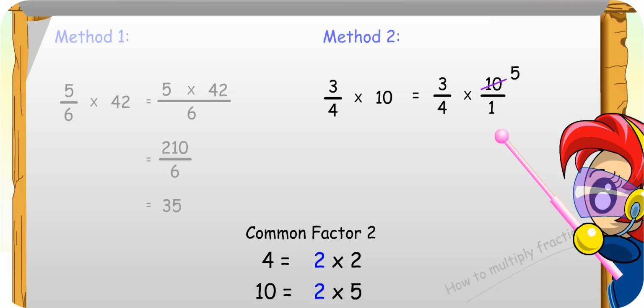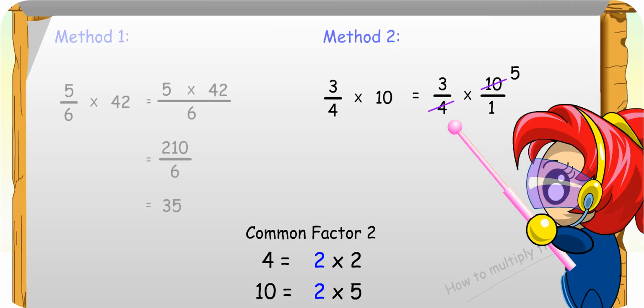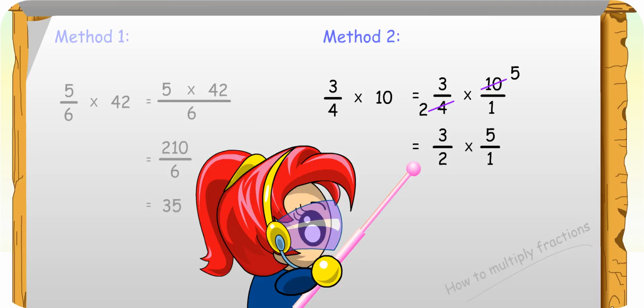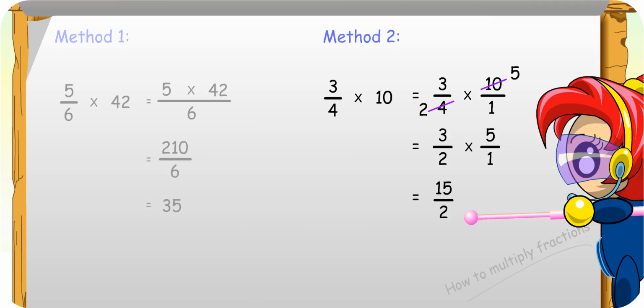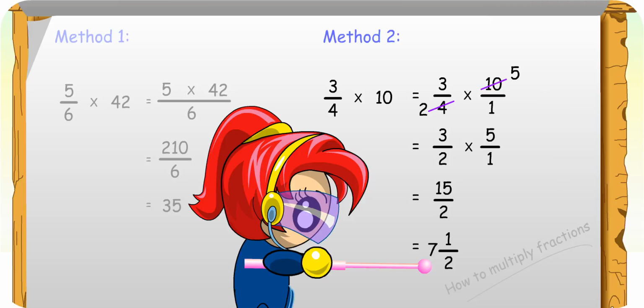And when I divide the denominator 4 by 2, I get 2. Now, I get the fractions 3 over 2 times 5 over 1. Since I cannot further simplify them, I multiply 3 by 5 and I get 15, and then I divide 15 by 2. The answer is 7.5.